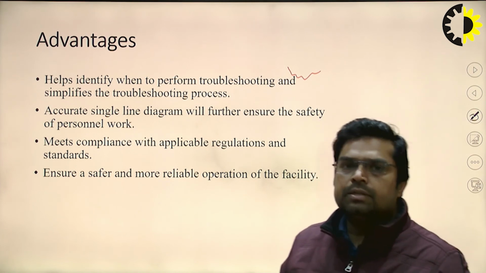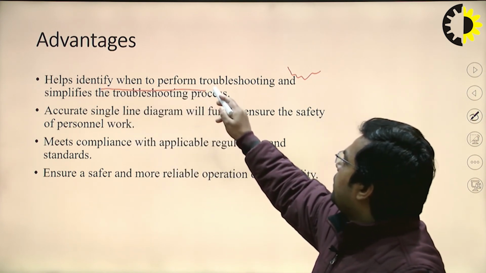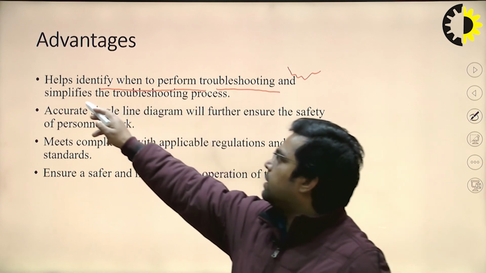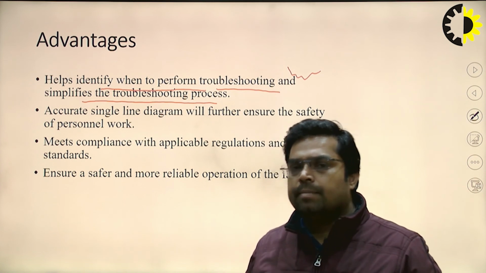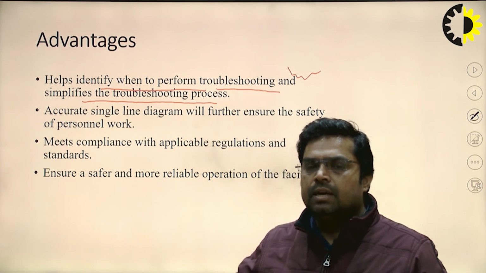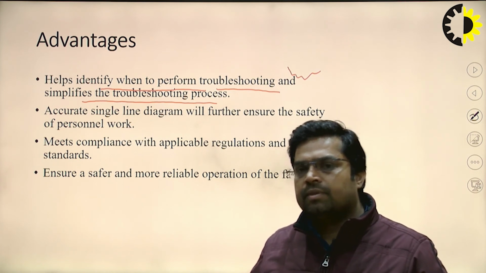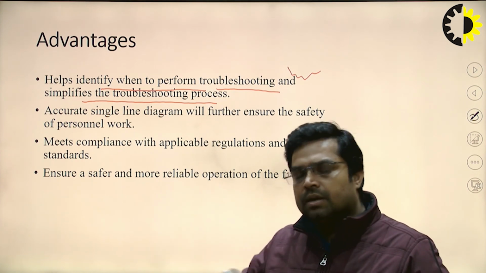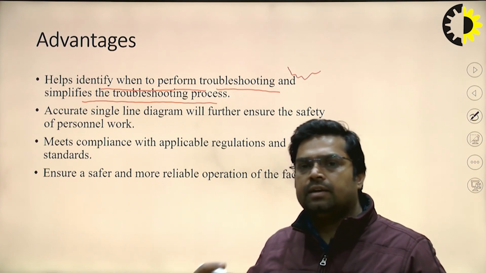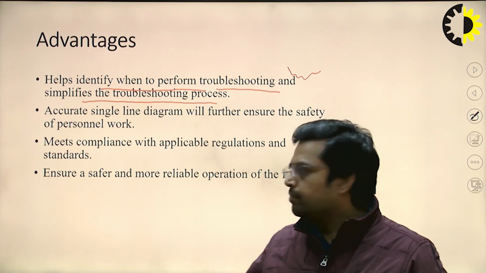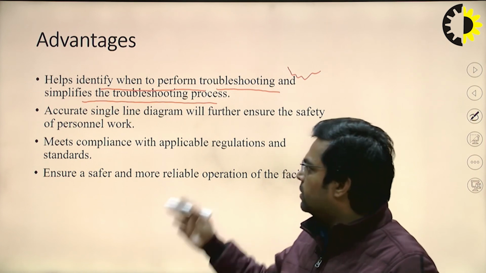Now come to the advantages. What are the advantages of a single line diagram? It helps to identify when to perform troubleshooting and simplifies the troubleshooting process. Any kind of trouble that happens in a power system can be easily eliminated with the help of a single line diagram. In any power station you will find a single line diagram; if there is a fault or any problem, it can be easily identified and any disturbances can be eliminated with this diagram.